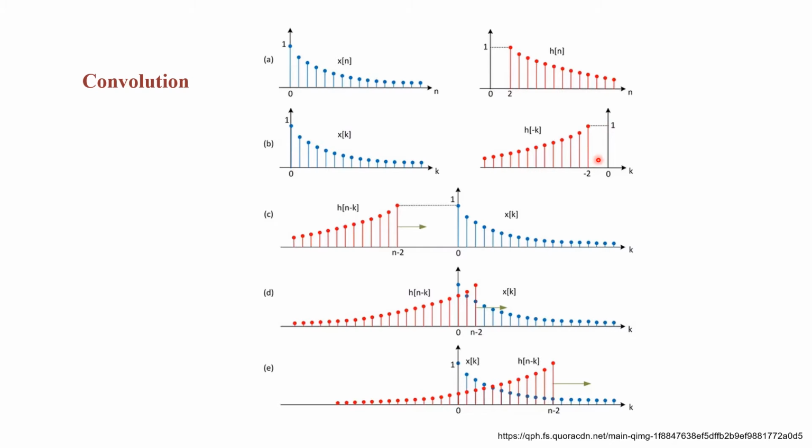Once we flip h, we will shift it along x, and then at each shift we will find the intersection points between x and h after we flipped it, and these intersection points we're going to multiply their values, and that will give us the value of the convolution at that particular point.